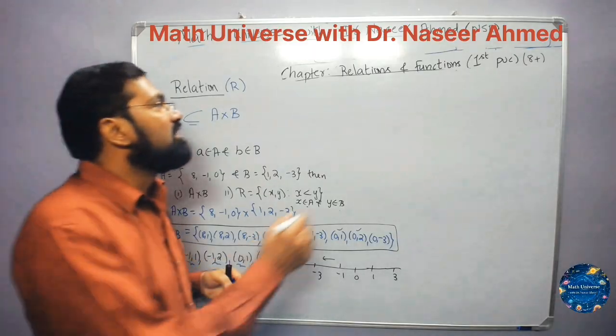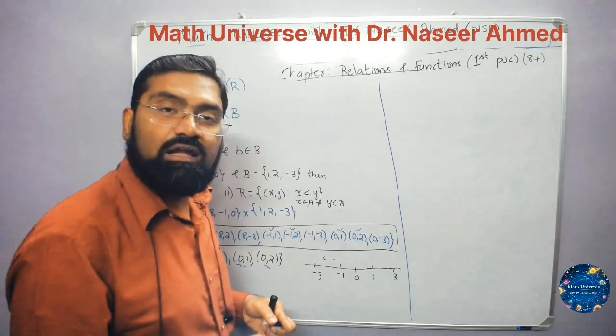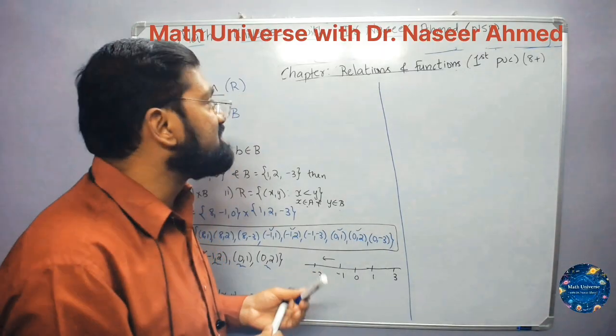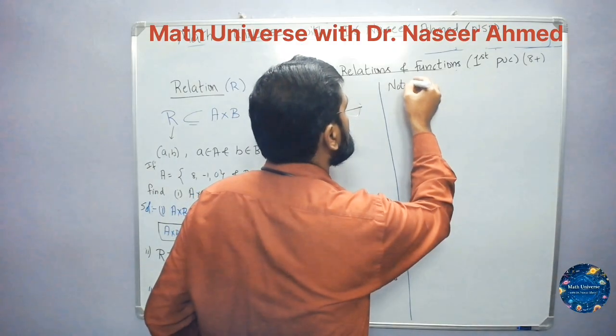So from this we come to a point. What could be the formula for the number of relations? Let us take it as a note.